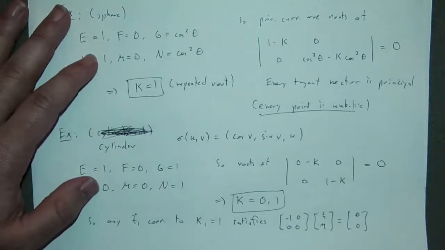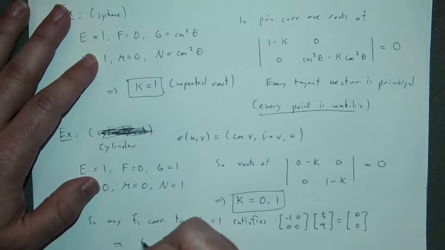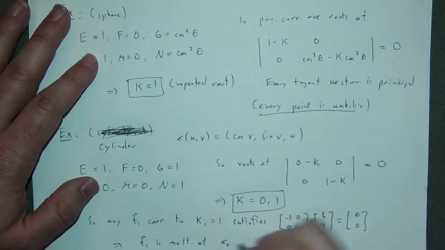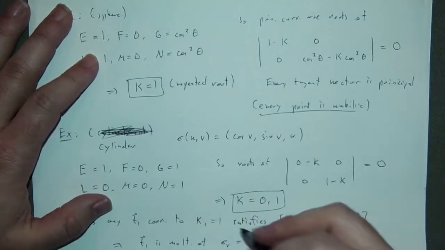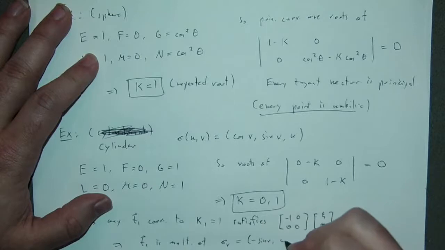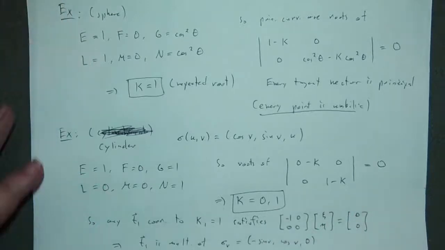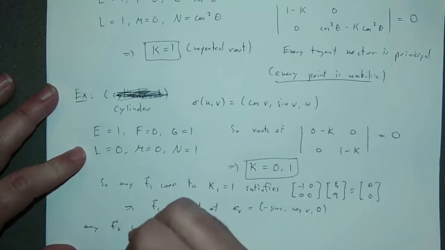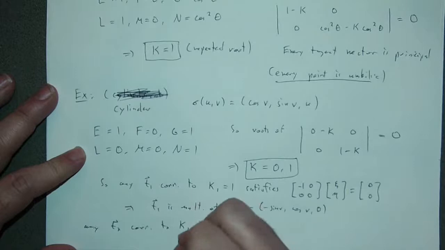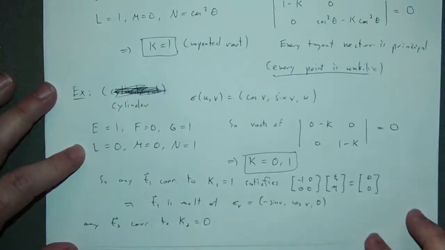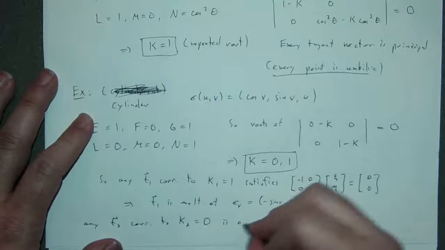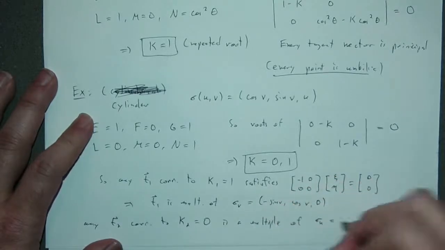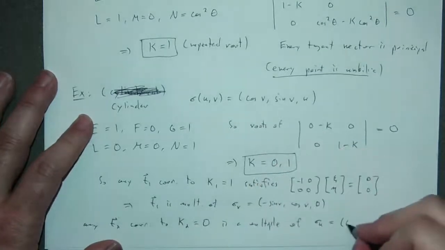So t1 is a multiple of sigma v, which is (minus sine v, cosine v, 0). And any t2 corresponding to kappa 2, which is 0, is a multiple of sigma u, which is (0, 0, 1).